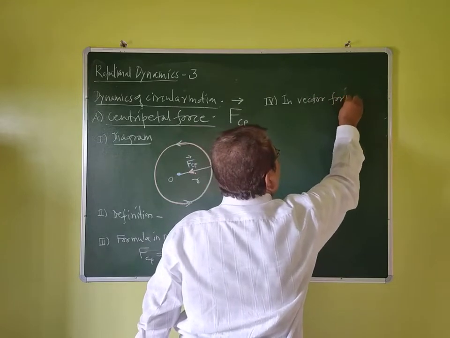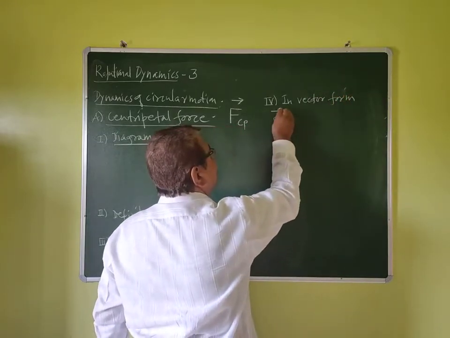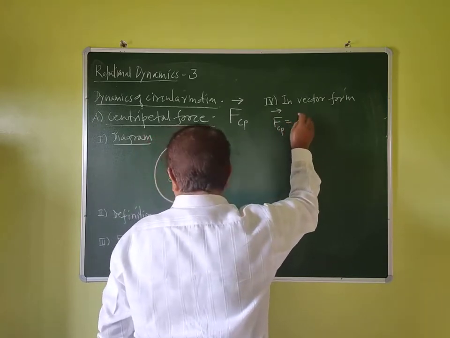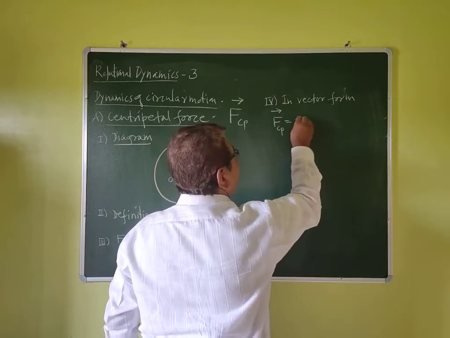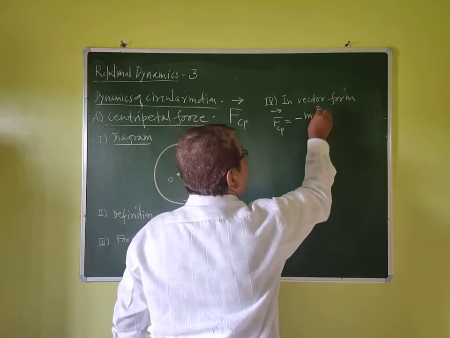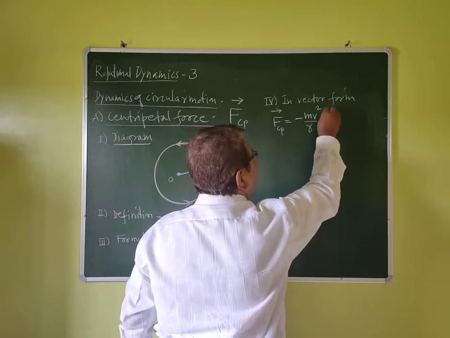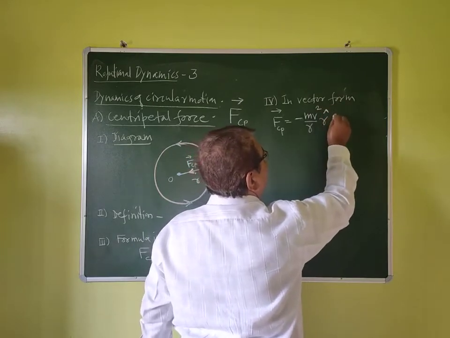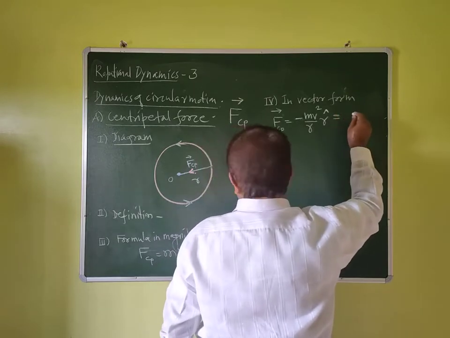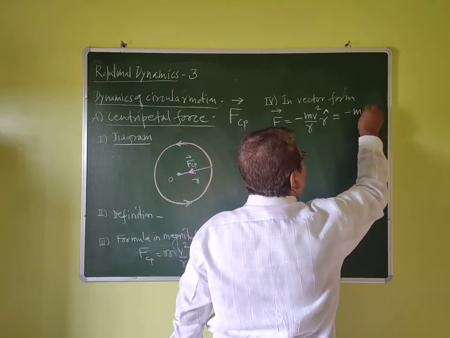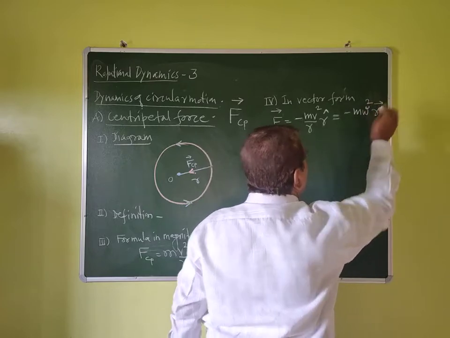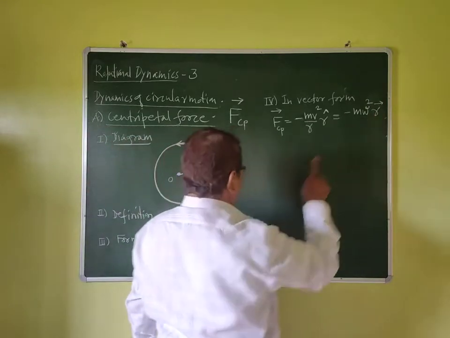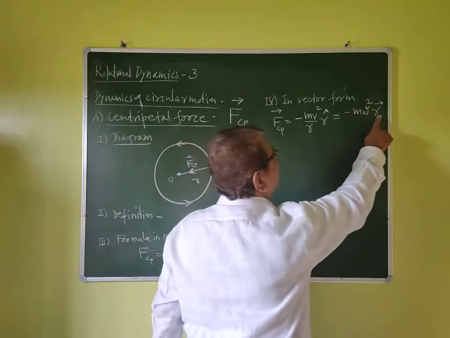I will give an arrow over the head of F. So F_cp is equal to minus mv square upon r into r cap, is equal to minus m omega square into r vector. This r is converted into radius vector.